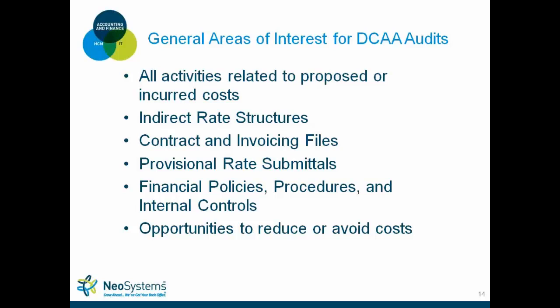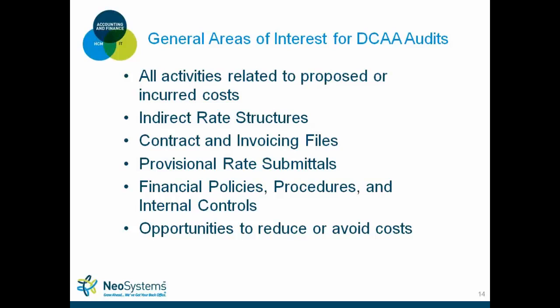Most importantly, again, it's financial policies, procedures, and internal controls. I can't stress this enough: you need to have these items in place if you choose to do work with the government, have your employees follow the internal controls, policies, and procedures, and do random checks to ensure everything is being followed through, because this is the basis of what DCAA looks at.